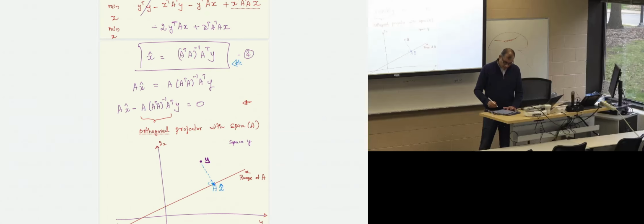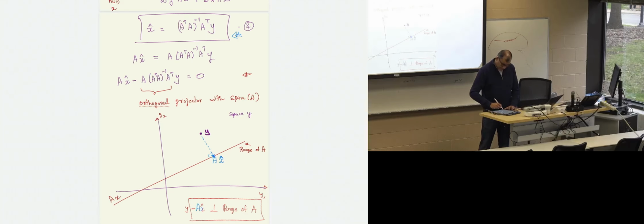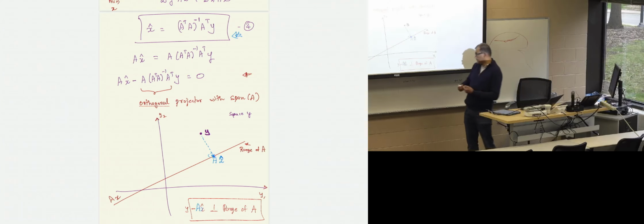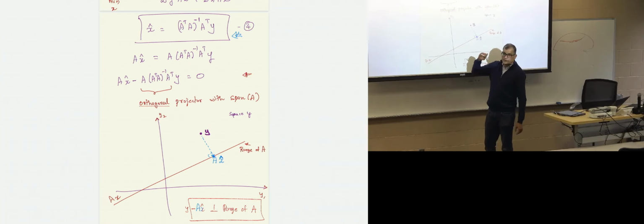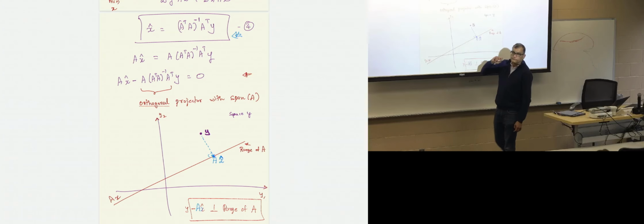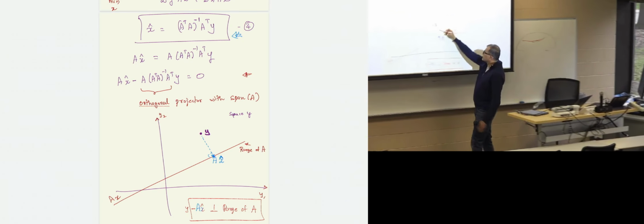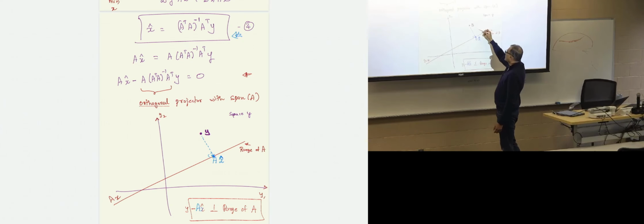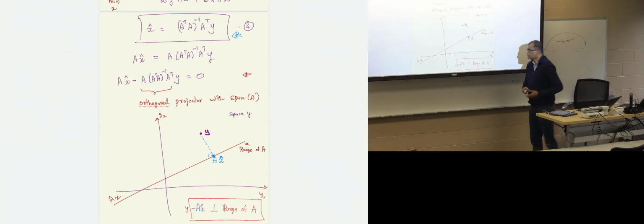What we're able to show is, all possible A x's lie along this line. So the least squares just picks the one that is closest in the sense of an orthogonal projection. So the least squares is an orthogonal projection. And this is the residual. So this is y minus A x hat, and this is the range of A.